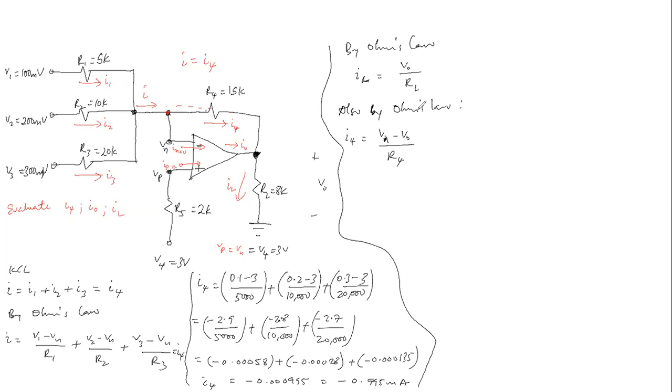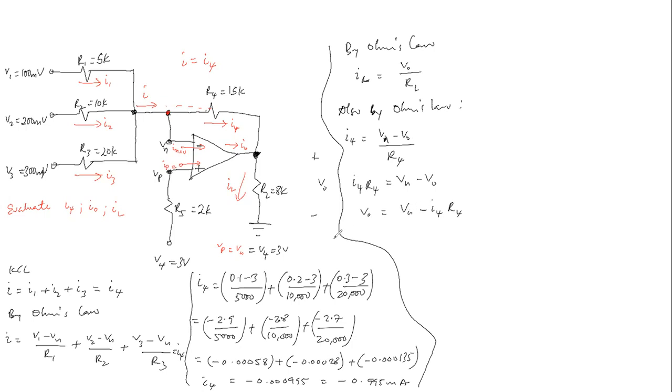From this point, if we cross multiply, I sub 4 R sub 4 is the same as V sub n minus V naught. So that V naught is the same as V sub n minus I sub 4 R sub 4.